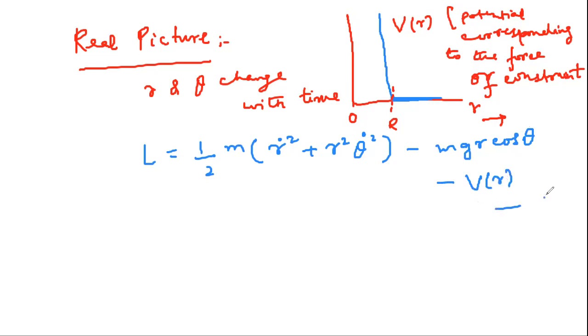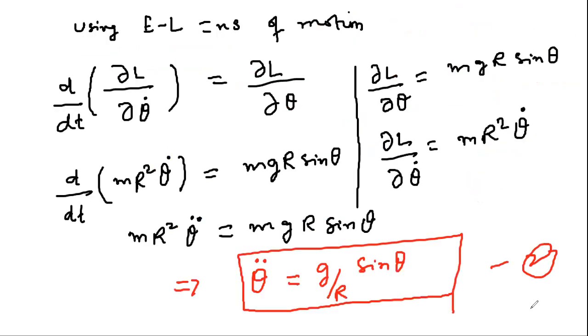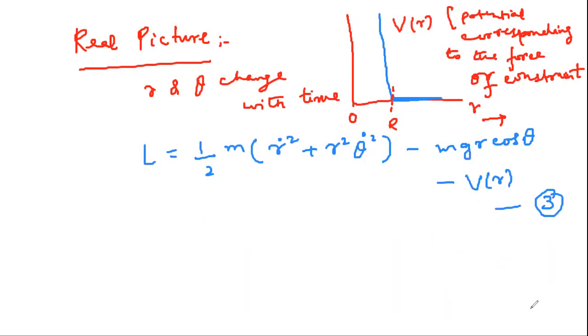I call it equation 3. This is my equation 3: half m r dot square plus r square theta dot square minus m g r cos theta minus V of r. In this real picture, we have not imposed the constraint yet, because we are taking the radial distance of the particle from point O to change with time. We are not taking small r equal to capital R.